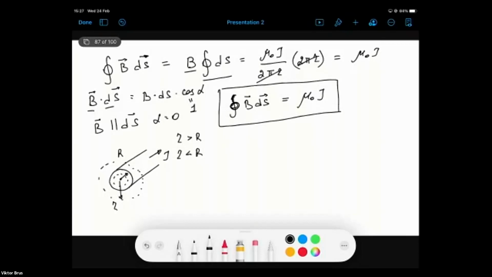So let us first consider the larger case, when we have the radius of the Ampere's loop larger than the radius of the cross section of the wire. When we address this first question, again we need to deal with this integral along the closed loop of the scalar product of magnetic field and ds. In this case, this is the s vector.